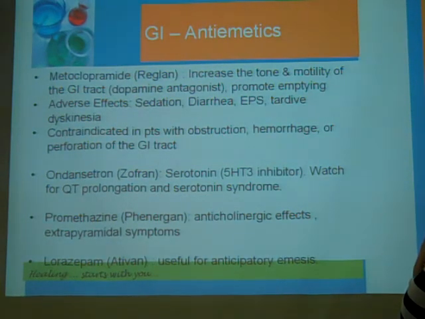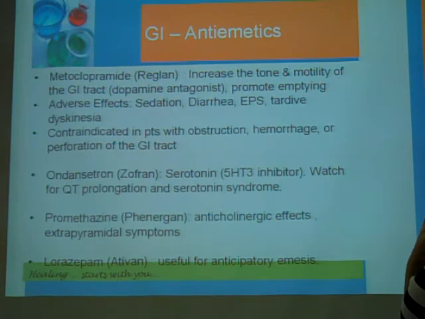Then the next thing is Zofran, which we use a lot in the hospital, at our hospital anyway. It's a serotonin inhibitor. Serotonin in our system, in the GI tract, tends to move things along. But sometimes it's moving things a little too fast.